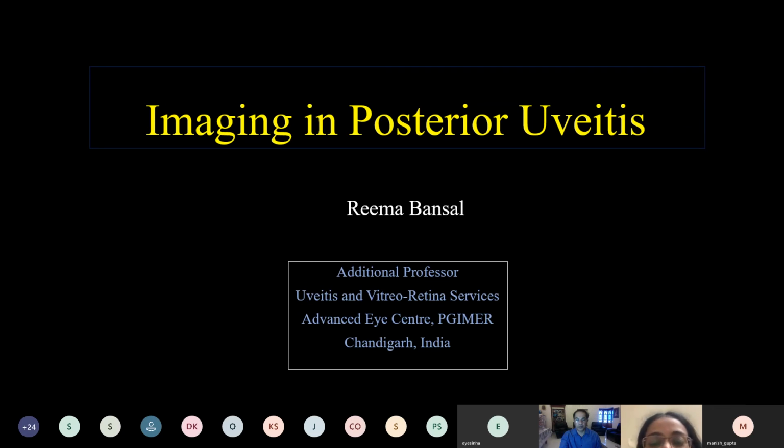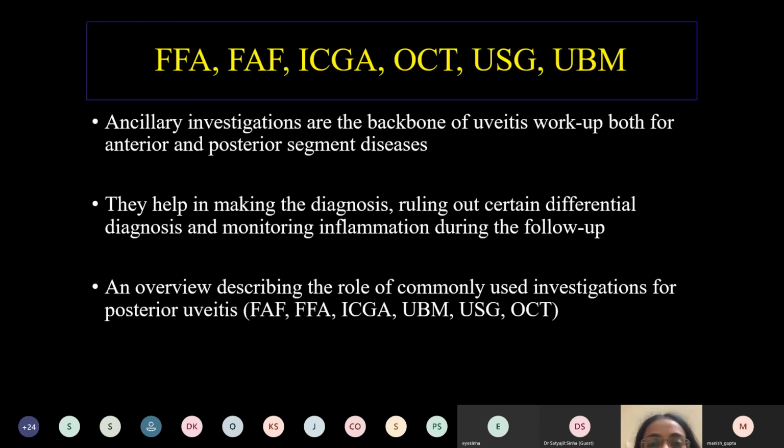So, imaging in posterior uveitis, can we move on the slides, please? These are the basic modalities when we talk of posterior uveitis: fundus fluorescein angiography, fundus autofluorescence, ICG angiography, OCT and OCT angiography, ultrasound, and sometimes ultrasound biomicroscopy.